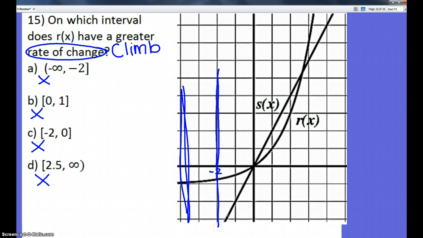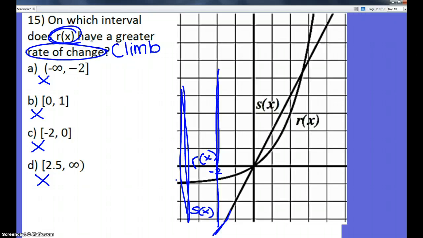So if we look at this graph, this one's going to keep going the same exact that it was before. Notice that this curved line, or r of x, is really, really easy, and the s of x would be harder to climb. So s of x has the steeper slope. We want to know when is r of x steeper.